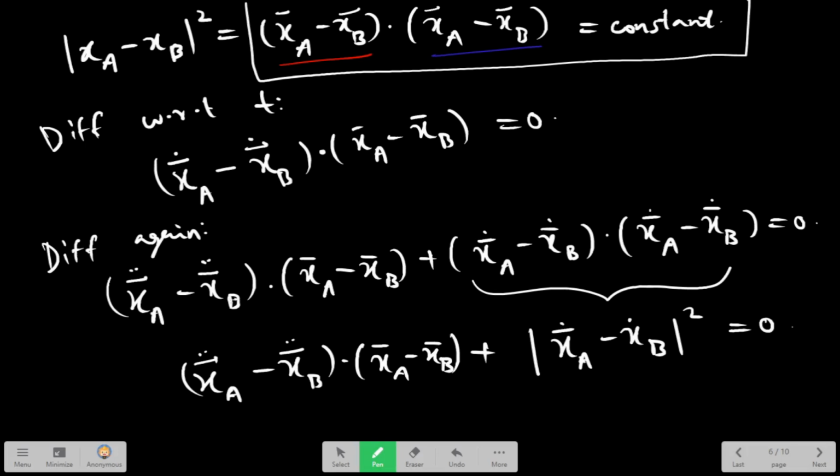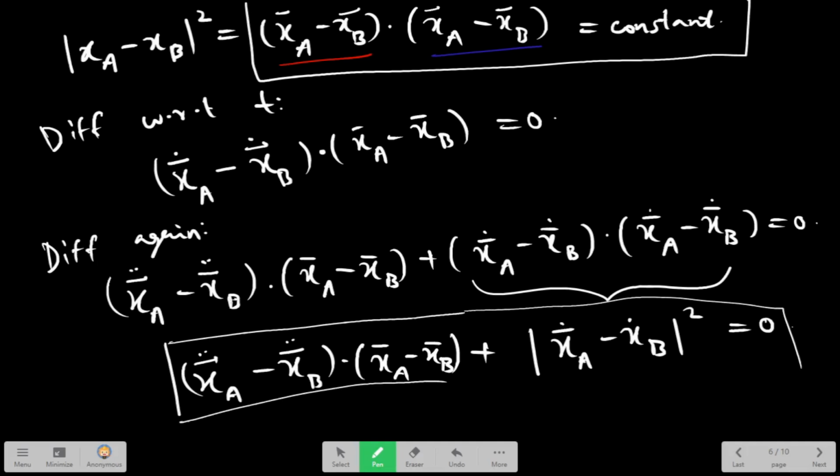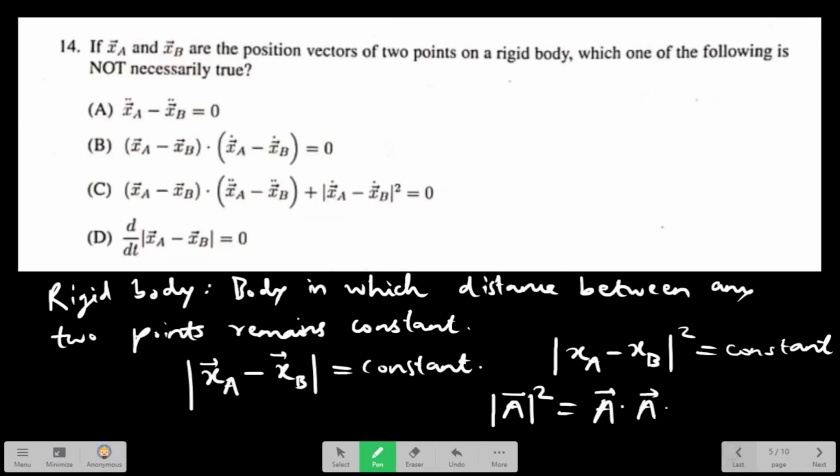So this is the correct relation for a rigid body. xa double dot minus xb double dot dot xa minus xb plus modulus of xa dot minus xb dot square is equal to 0. Therefore the correct option here is option C.